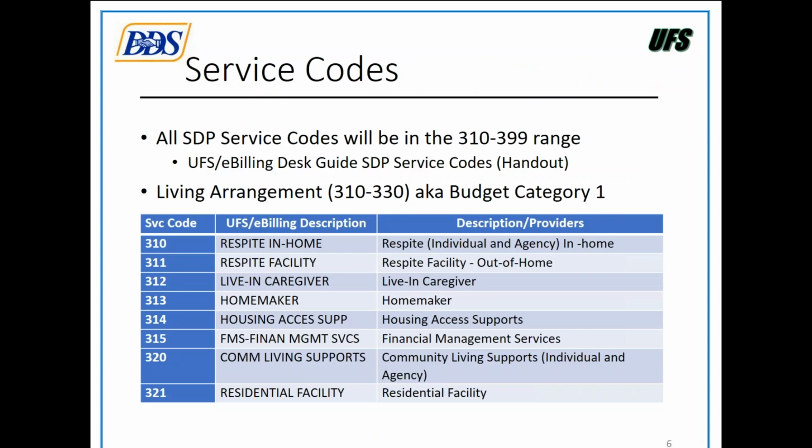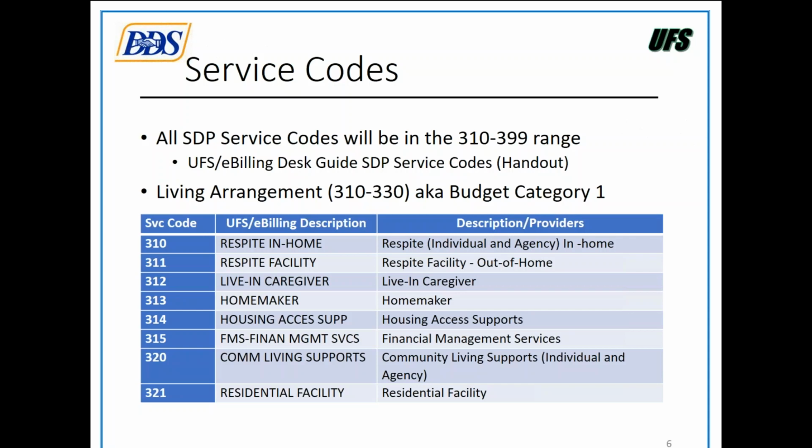This is Kim. So the service codes have been put together by programs here at GDS, and I'm just briefly going to talk about what range they are and how they relate to SDP. So the 310 through 399 range has been allocated for use for the self-determination program.